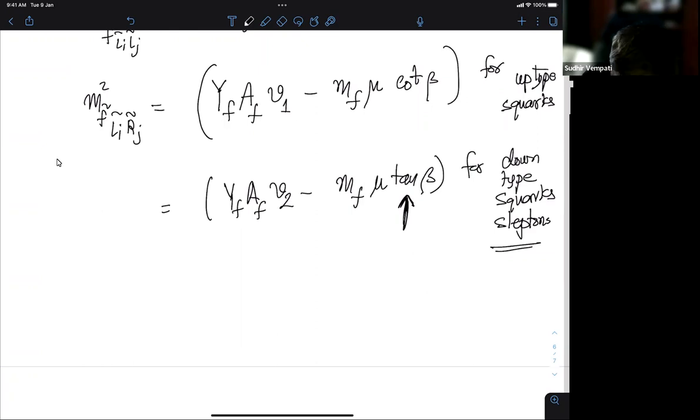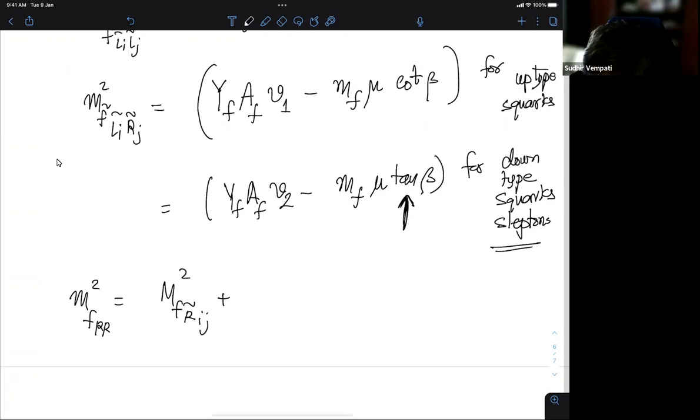And then there is a right-handed case. The MF R square IJ plus MF square plus MZ square cos 2 beta.